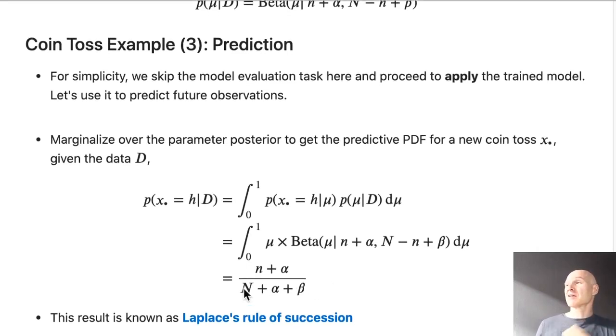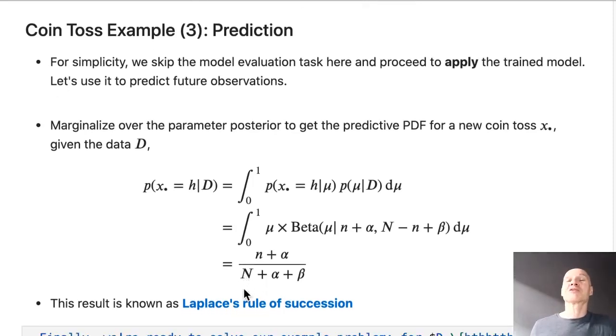This is a very famous rule, because throwing a coin is an example that fits many problems. It's called Laplace's rule of succession.